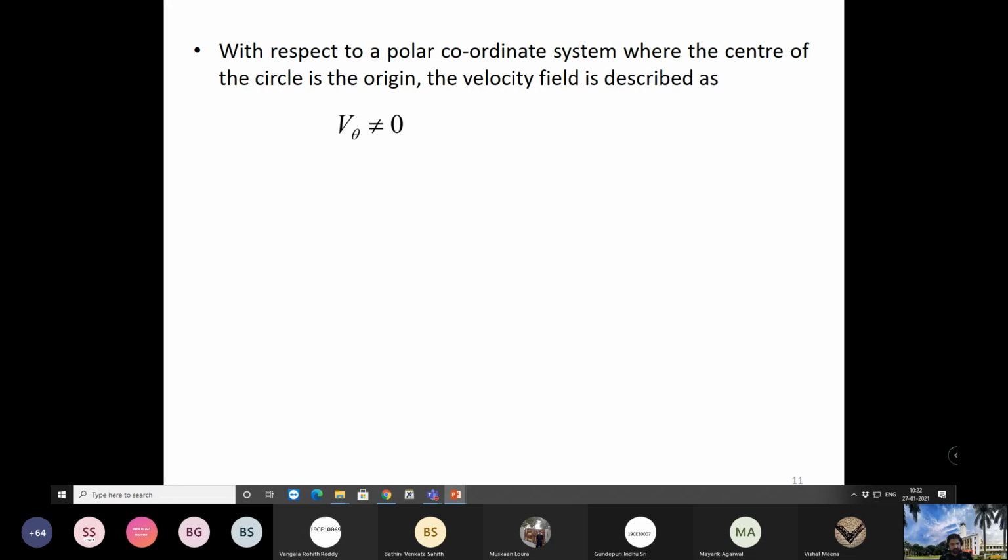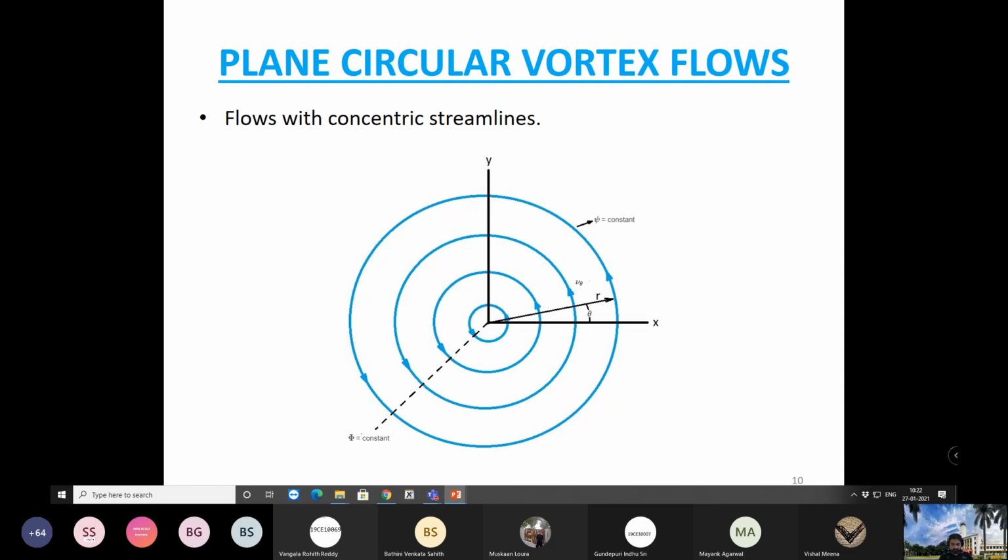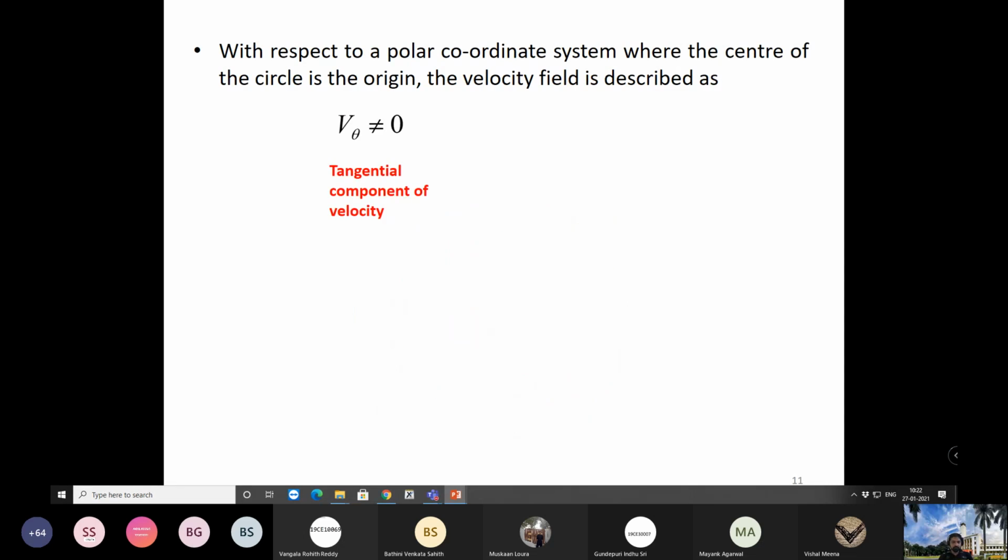If the center of the circle is the origin, v theta is not equal to 0. That is the tangential component of the velocity, but the radial component of the velocity in the plane circular vortex flow is 0. So velocity does not vary in the radial direction.